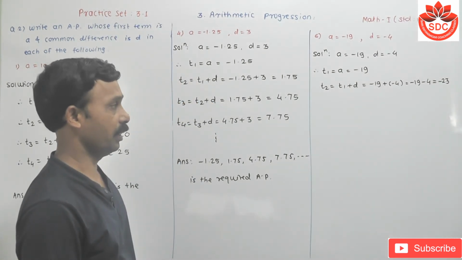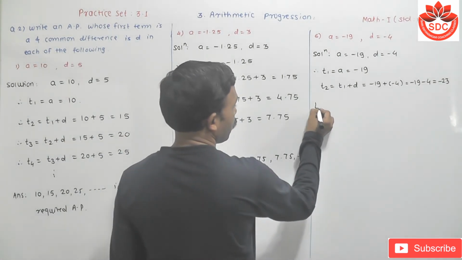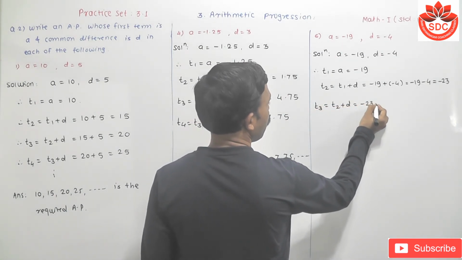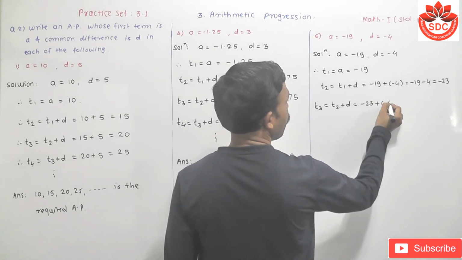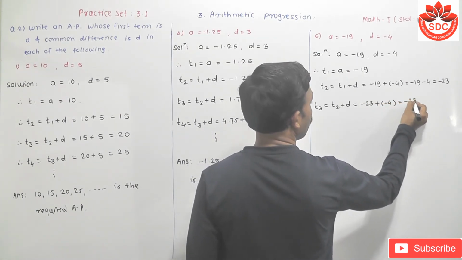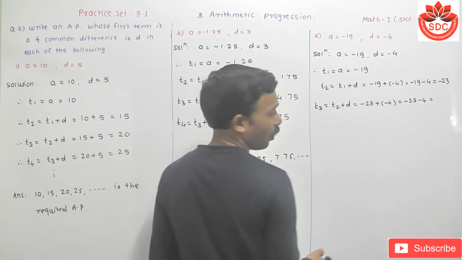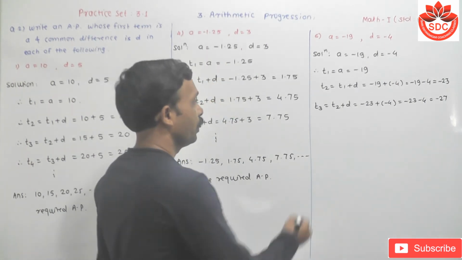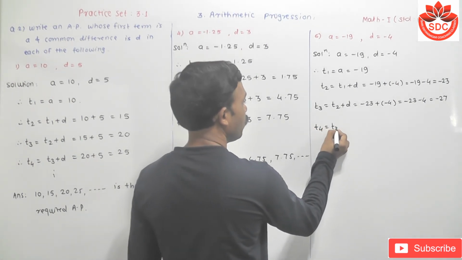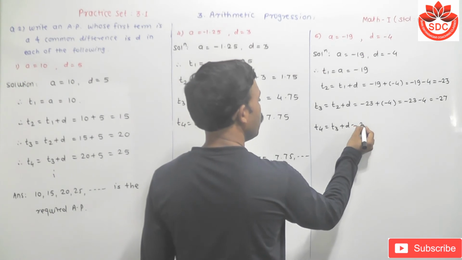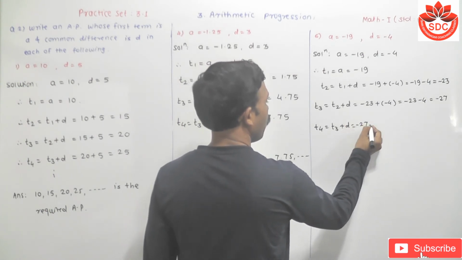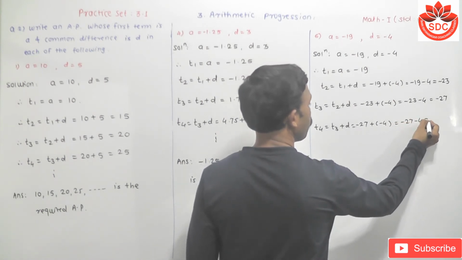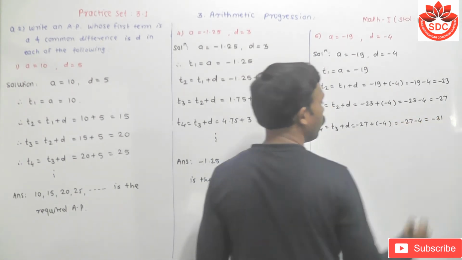Then T3 is equal to T2 plus D. T2 is minus 23 plus D is minus 4, meaning minus 23 minus 4 becomes minus 27. Then next, T4 is equal to T3 plus D, minus 27 plus minus 4, minus 27 minus 4, it becomes minus 31.